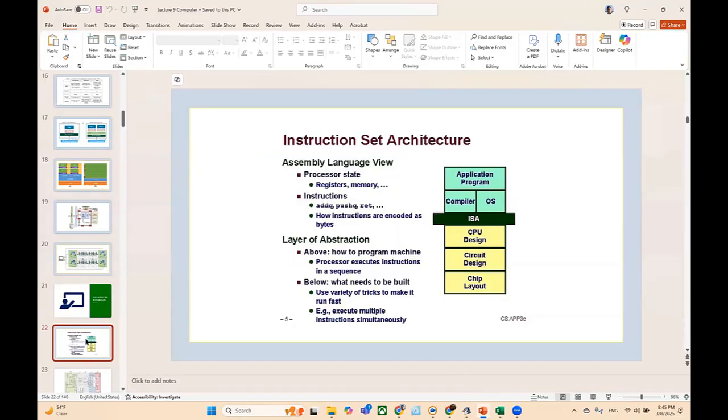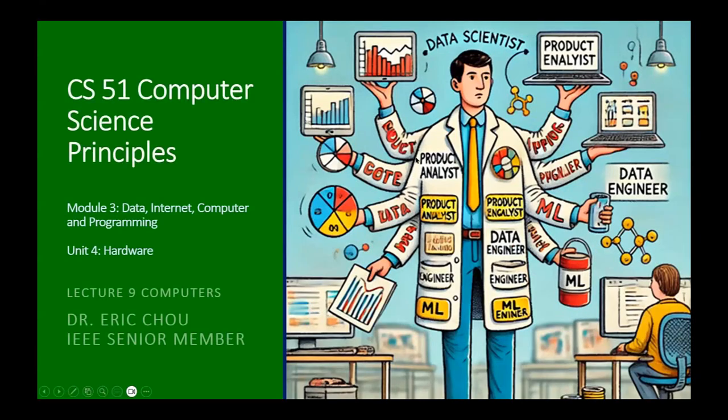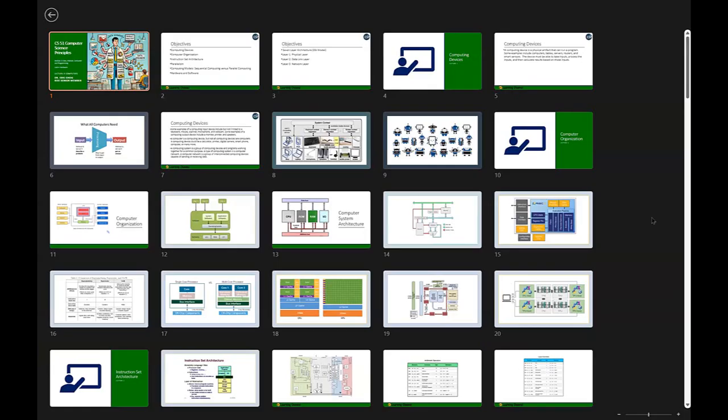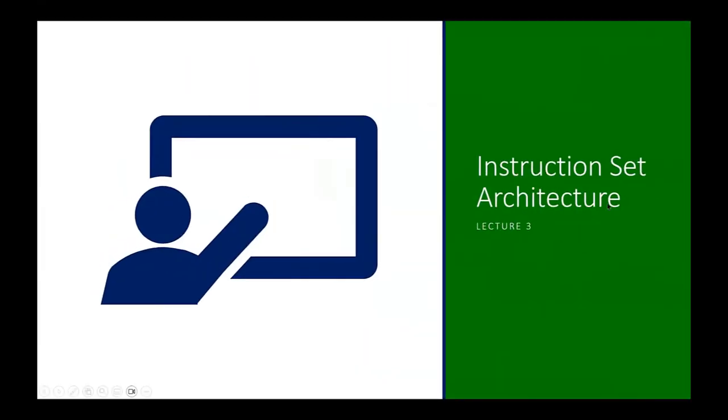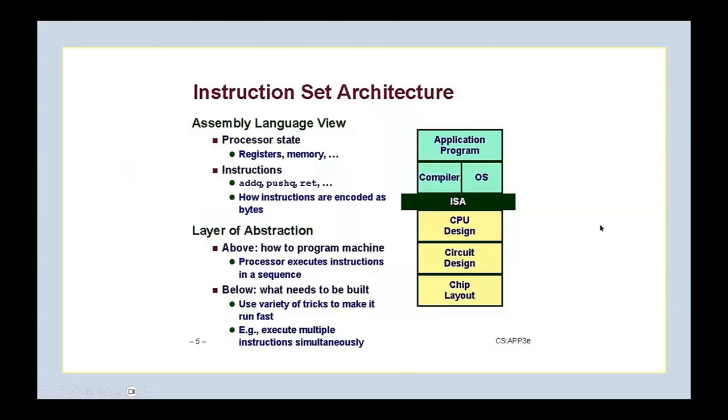That's instruction set. Basically, the instruction set is the interface between your CPU and the software. Your OS is written on top of the instruction set. Your compiler is on top of the instruction set. Anything above the instruction set architecture is software. It can be machine code, an application, an OS, or a compiler, but it is all software.